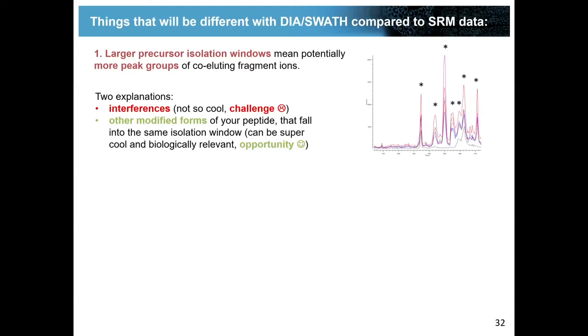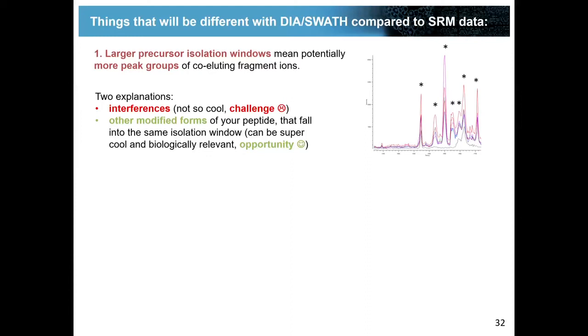And there are two explanations why you see so many more P groups with DIA-SWATH compared to PRM or SRM. And the first explanation is because you have more possible interferences, right? And that's what's always not so cool, and that's always what makes DIA-SWATH more challenging, because it might just be that by chance there are peptides with a similar precursor and similar fragmentation.